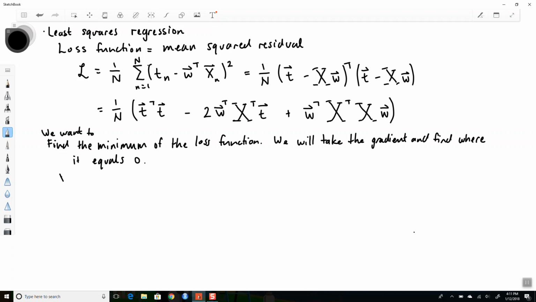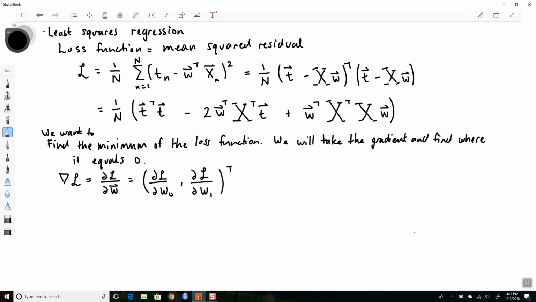So we will say the gradient of L is defined as the derivative of L with respect to w, which will be the partial of L with respect to w0 and the partial of the loss function with respect to w1, transpose.